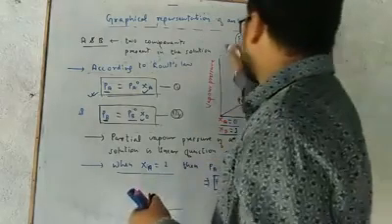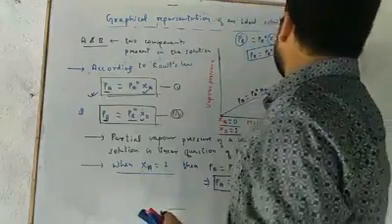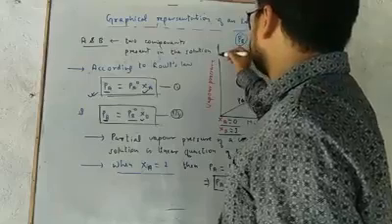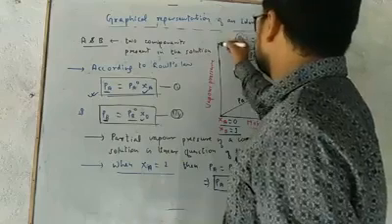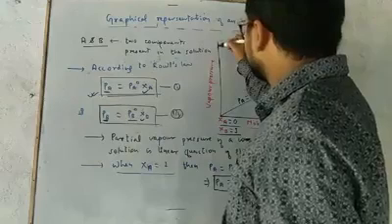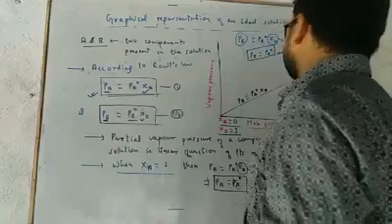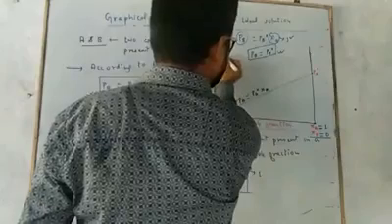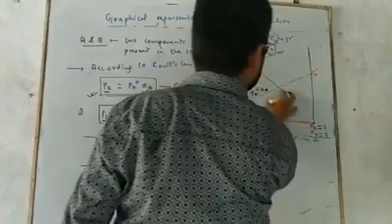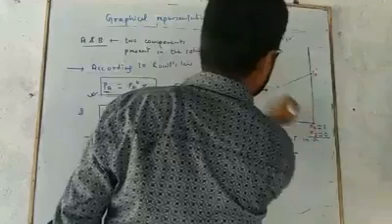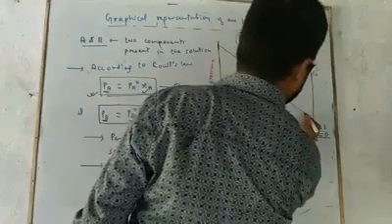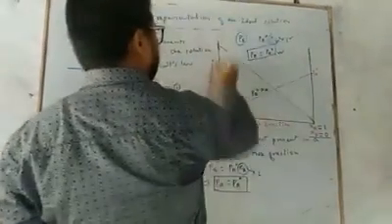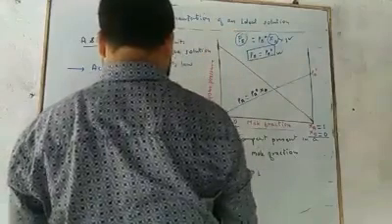write here, it will be like this, and this point is PB0.